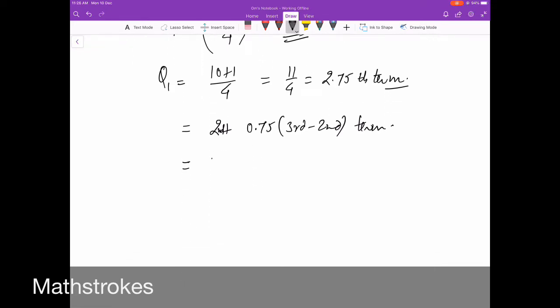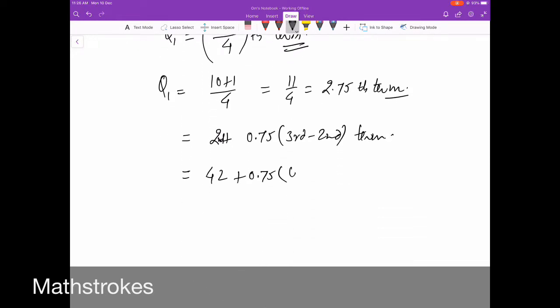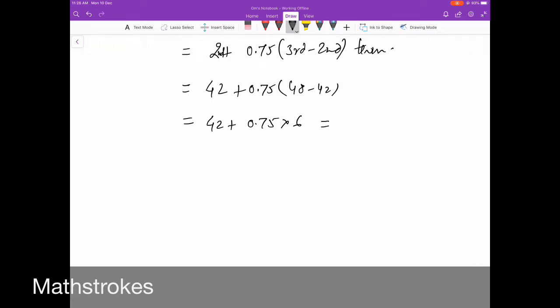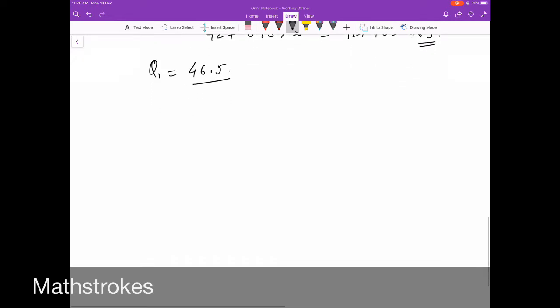So this is 42 plus 0.75 of (third minus second); third is 48 and second is 42. So this becomes 42 plus 0.75 of 6, which is 42 plus 4.5, which is 46.5. So q1 is 46.5.